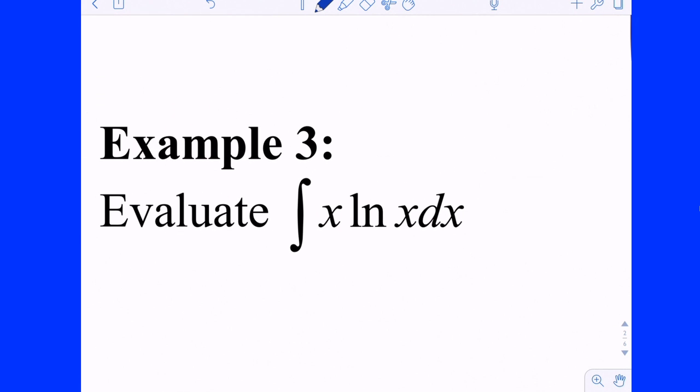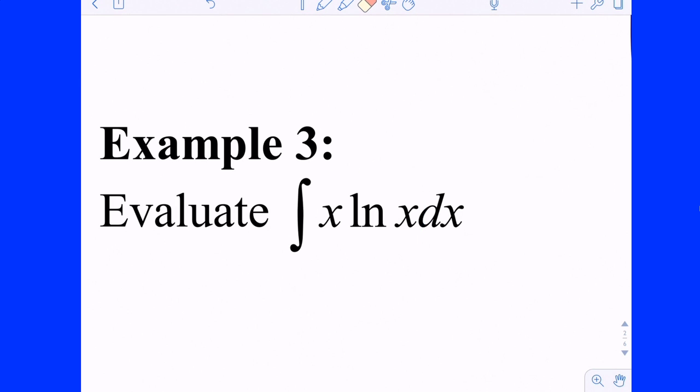So notice we have two factors. On the first factor, we know how to take its derivative, and we know how to integrate it. On the second factor, we know how to take its derivative, and that's it. Do we know how to find the antiderivative of ln of x? We've never learned that. So if I can't take the antiderivative of the natural log of x, that kind of forces my hand, doesn't it?